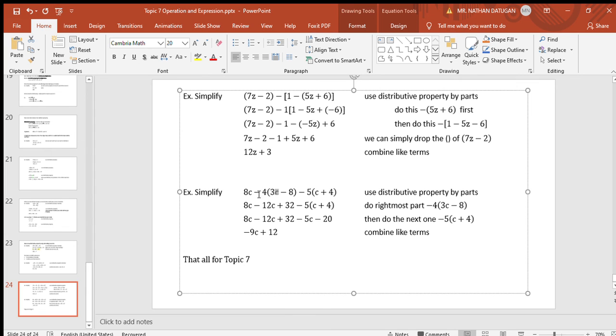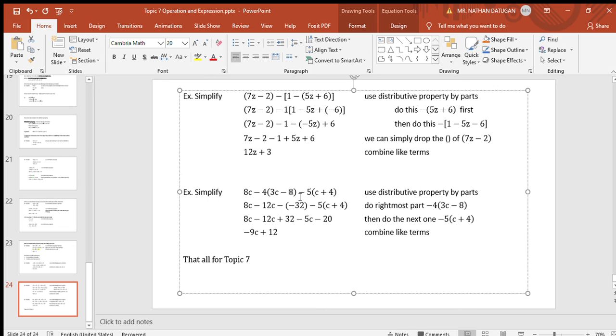So now we're going to multiply -4 with 3c. You can do it mentally. -4 times 3c is basically negative 12c. Again, what we want to do is copy the operation, so minus, and we're going to multiply negative 4 with 8.